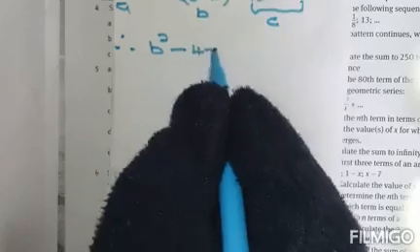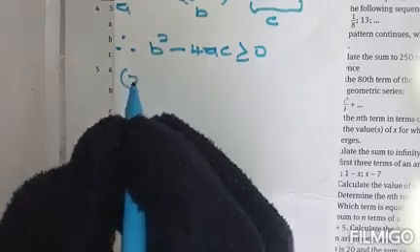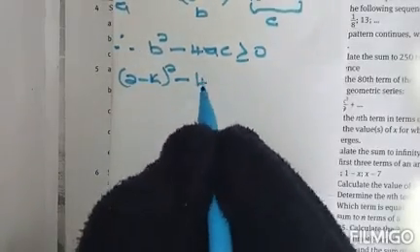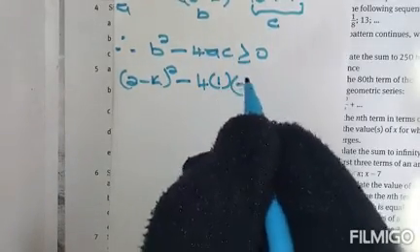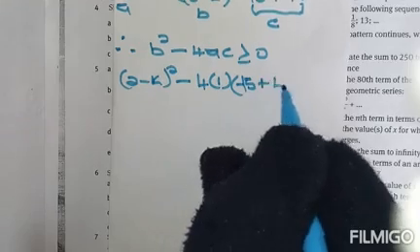Using the discriminant, b squared minus 4ac greater than or equal to 0, with our b being 2 minus k, we have (2 minus k) squared minus 4 times a, which is 1, times c, which is minus 15 plus 4k.